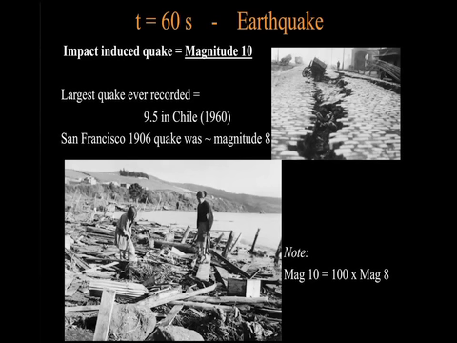I should note that it's not just a case of, oh, a magnitude 10 is 0.5 larger than a 9.5. The Richter scale of earthquake magnitude is logarithmic. So a magnitude 10 is 1,000 times larger than a magnitude 8 earthquake. And it was a magnitude 8 earthquake that ripped the city apart in San Francisco in 1906.